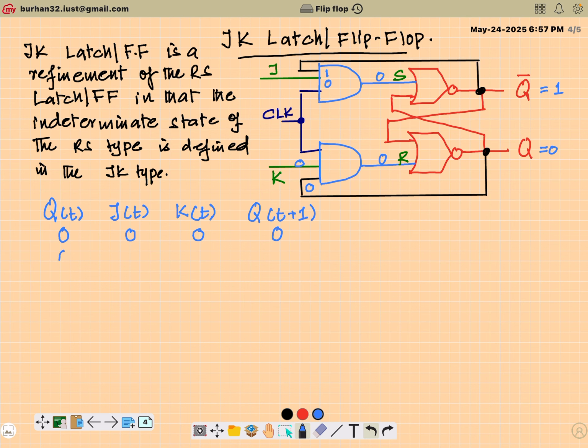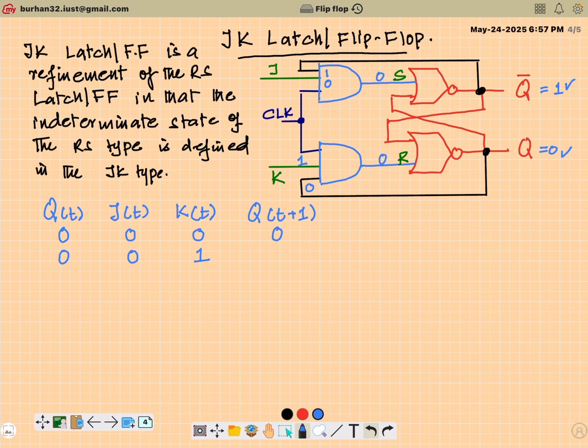Then again, if the current state is 0 and J is 0, K is 1. Again, Q is 0, which means Q bar is 1. Q will be fed back to the K gate, but this time this input is 1.